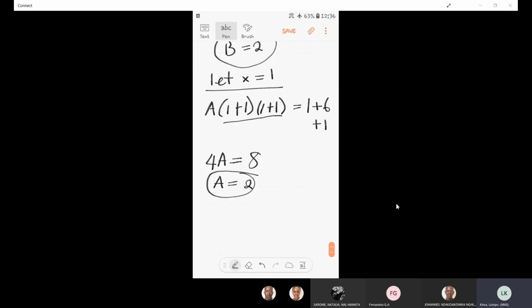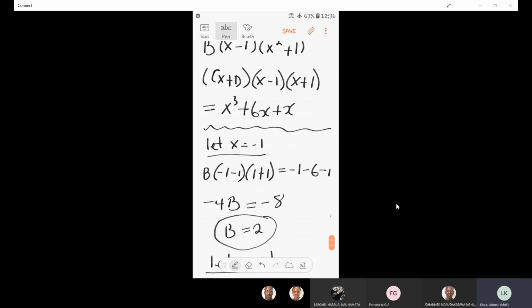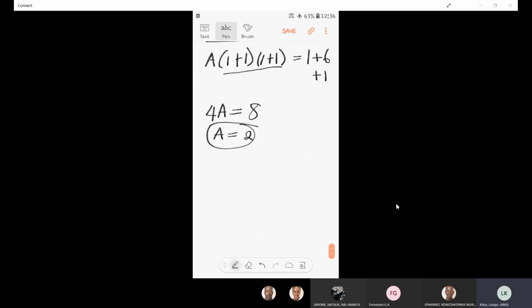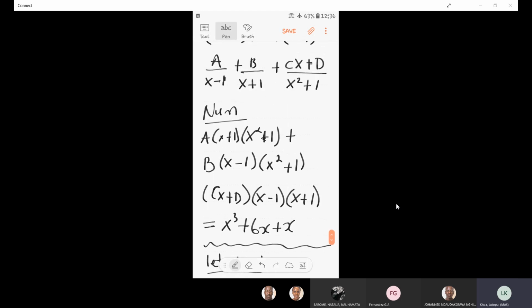So now I have my values of a and b. Then to solve for c and d, I just make another substitution. I say let x equal to 0. The reason is there's no number I can substitute to get rid of the a and the b, and just leave this one, because if I get rid of the a by substituting minus 1, the c and d term is gone.